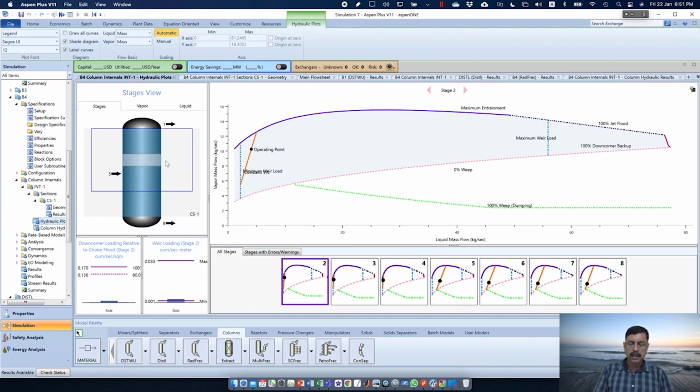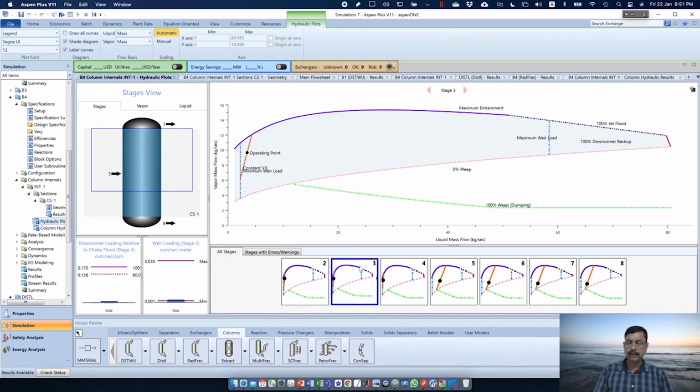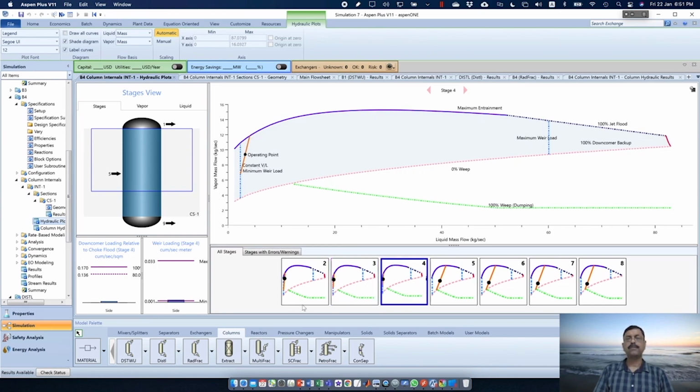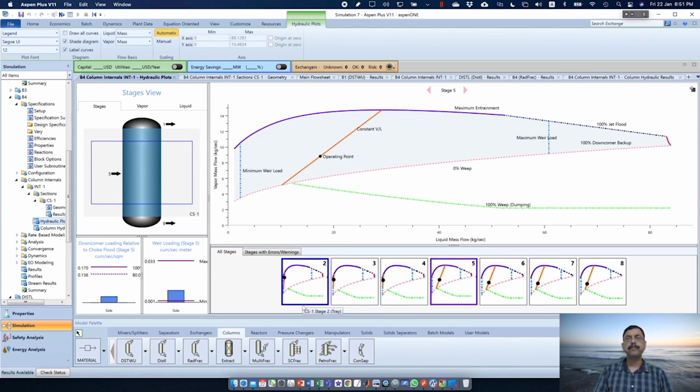Now each and every point, so this is tray number 2, which is coming within this. 3 also is coming within this. 2, 3, 4, 5, 6, 7. Everything is within the limit of entrainment. Okay, so the column is running fine.